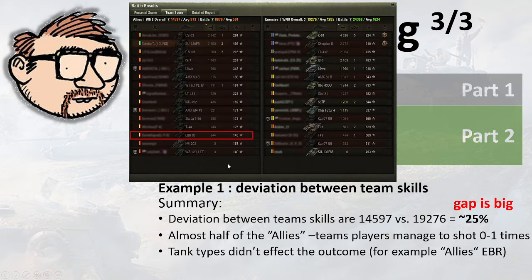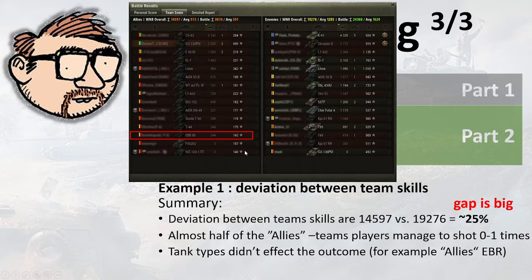The tricky part is that when you are spotting well, we could see his spotting values and how much damage he spotted, but we cannot see that because this is a very old result and I don't have the value. But if this EBR had been spotting a lot and making a difference, his experience values would be much higher. It rises very fast if you are doing a good job as a spotter.